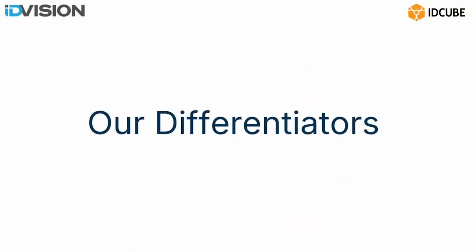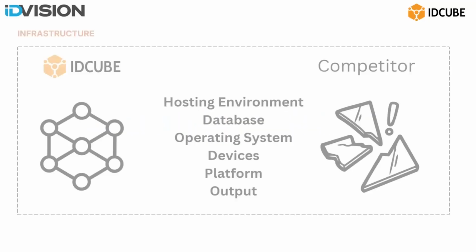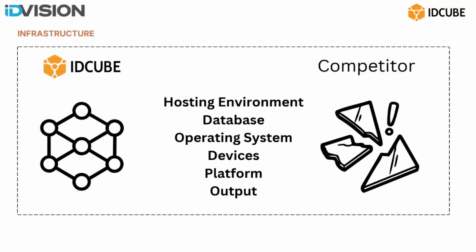So why choose IDCUBE? What are the differentiating factors between us and our competition? Firstly, on the infrastructure side, we are an ecosystem. Our competitors are fragmented. We let you choose your hosting environment, whether it's cloud or on-prem, your database, whether it's Azure or whether it's PostGRE.